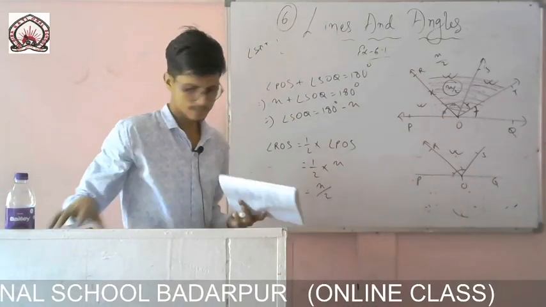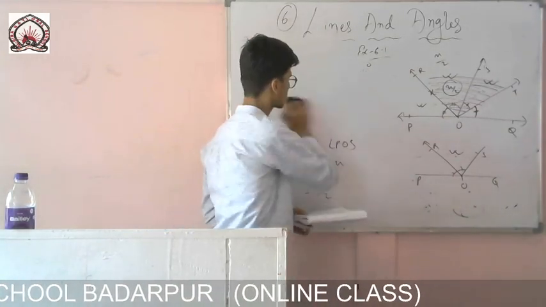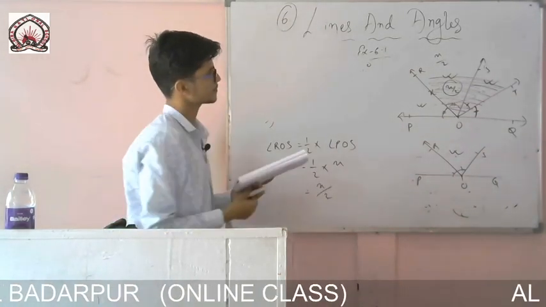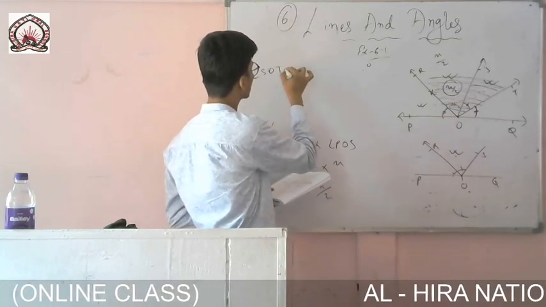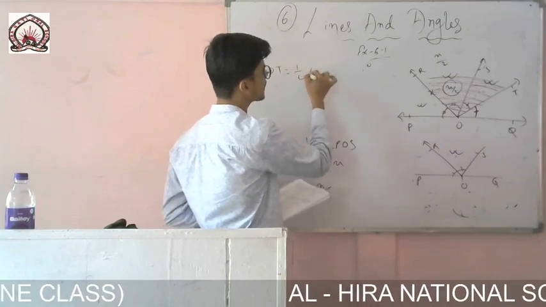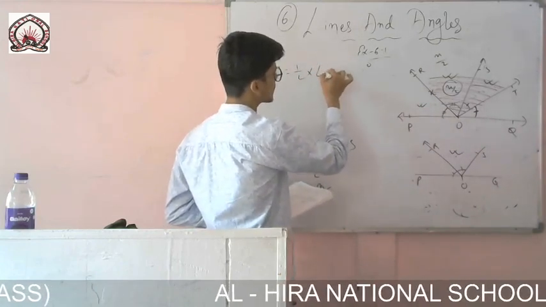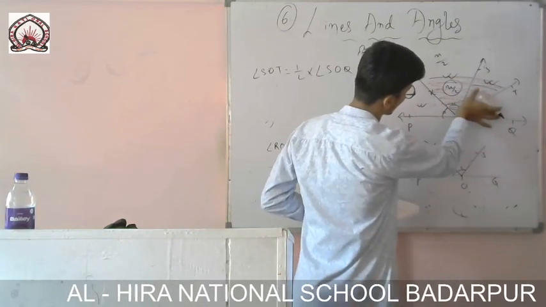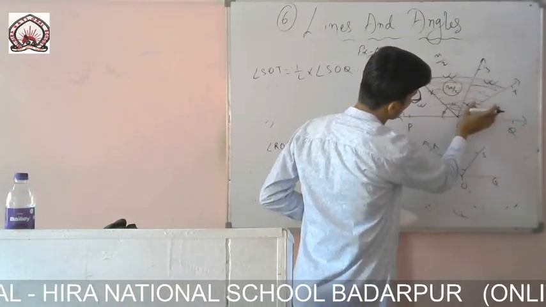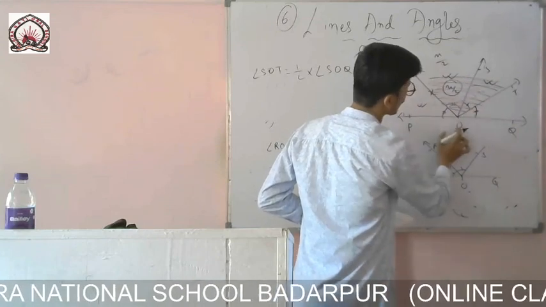Okay, let me erase and do it here. Angle SOT we are finding. So SOT will be equal to half of which angle? This whole angle, that is angle SOQ, half of this whole angle. Okay. The question is to find ROT.